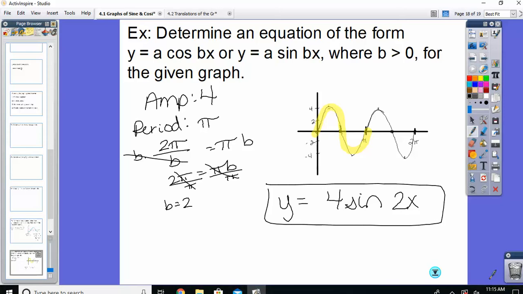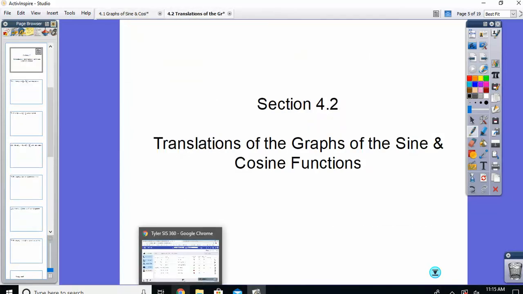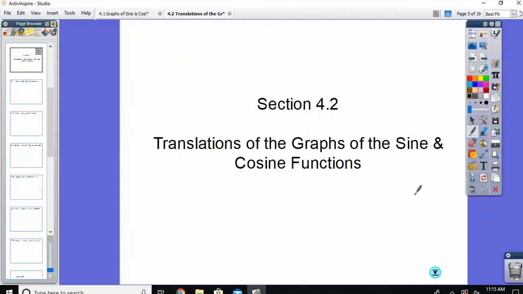And I'd like to start section 4.2 now. So we are going to look at translations of sine and cosine. So again, I'm still just focusing on sine and cosine for a little bit longer before we get into the others.